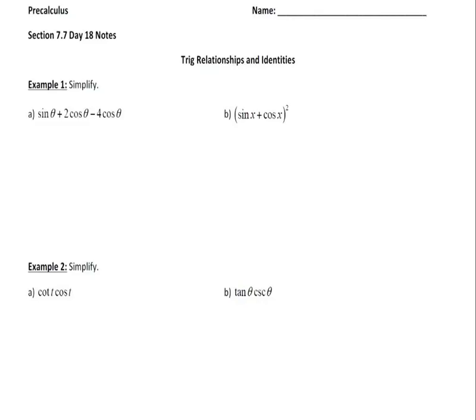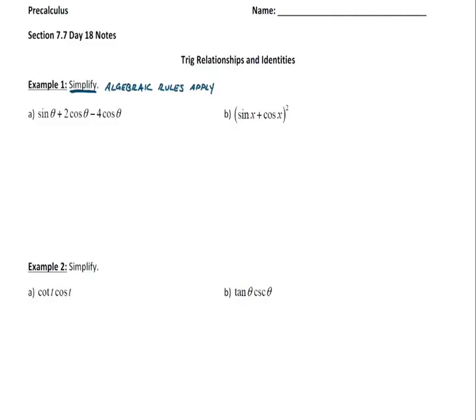If you look at example B, I have some binomial being squared. That looks a lot like us multiplying things out or squaring binomials. So the same algebraic rules are going to apply when we simplify. We're just going to be using that in the context of sine, cosine, tangent. So we're going to use some of our algebra rules to make some simplifications here.